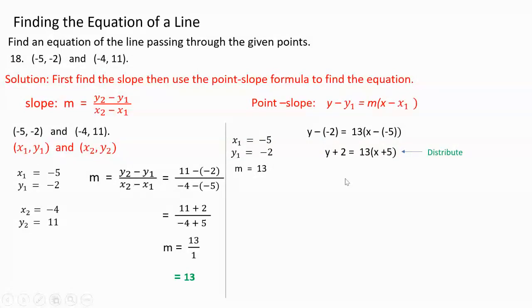So we have y plus 2 equals 13x plus 65, because 13 times x gives us 13x, and 13 times 5 gives us 65. The next step, we subtract 2 from both sides. So it's going to give us y equals 13x plus 63. This is the equation of the line in slope-intercept form.